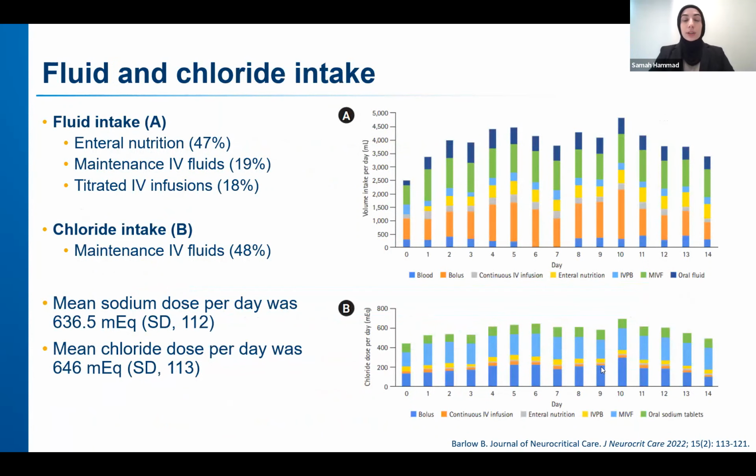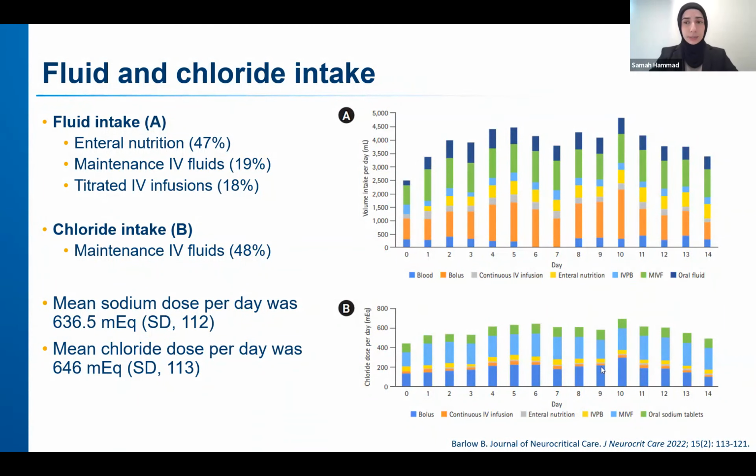Investigators here also did a great job of collecting exactly where all of this fluid and chloride came from. Graph A shows the average total volume of fluid administration per day, stratified by source over the 14-day period, and graph B shows the total chloride dose per day, stratified by source over the 14-day study period.